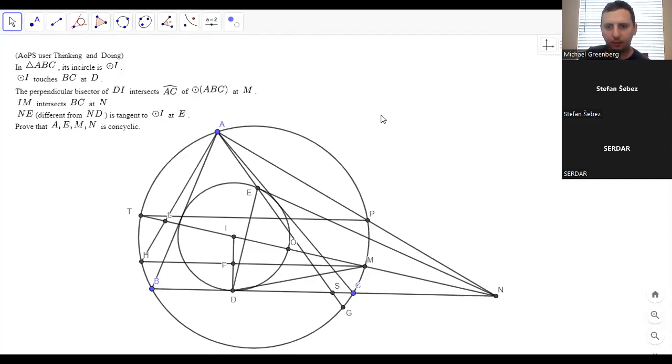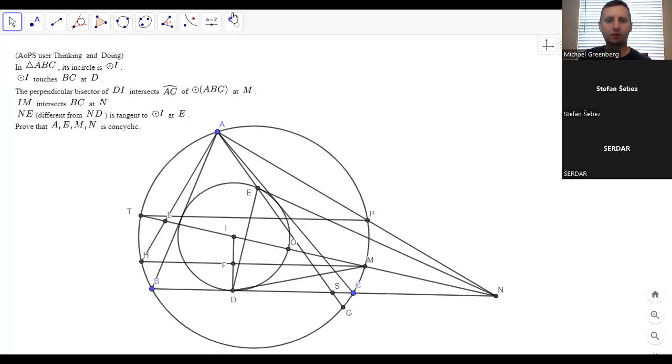See, angle MAP equals angle MTP, which is angle IMF, which is ENM, which is NEM. Oh, that's nice.